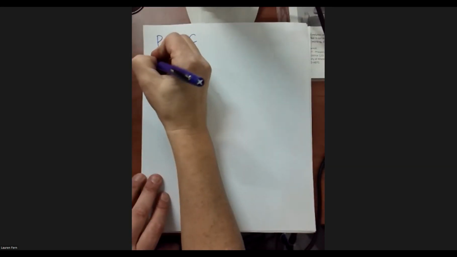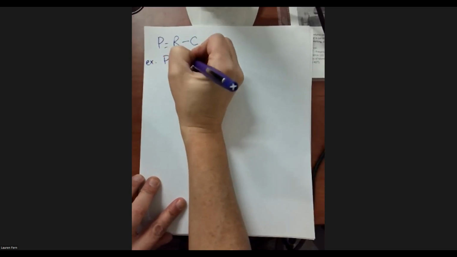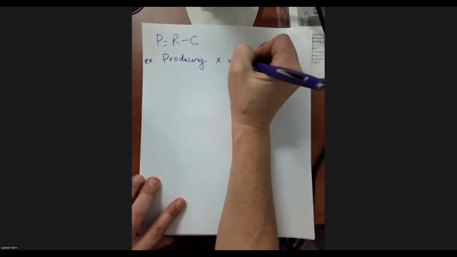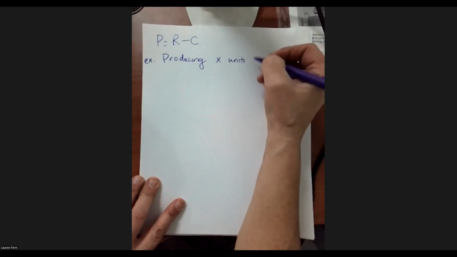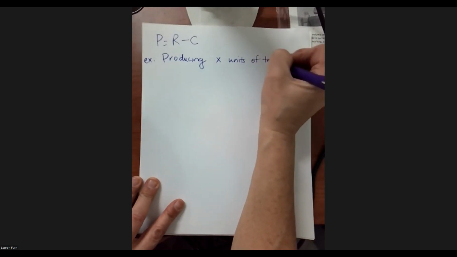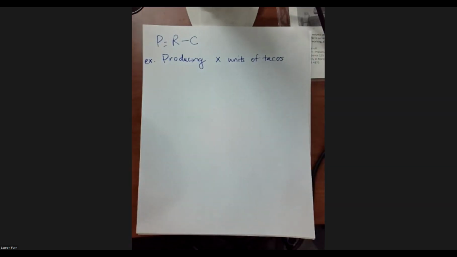So my first example is as follows. It's kind of a funny one. Producing X units of tacos. I don't know what a unit of tacos is, right? Isn't that kind of a funky term?